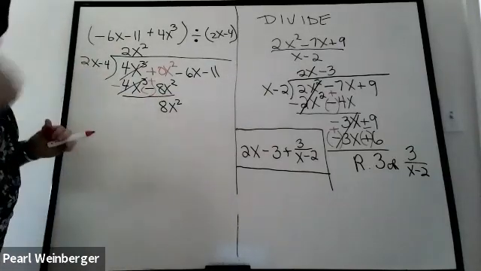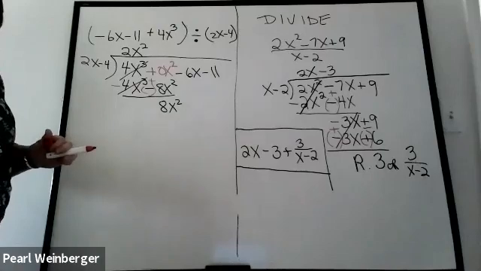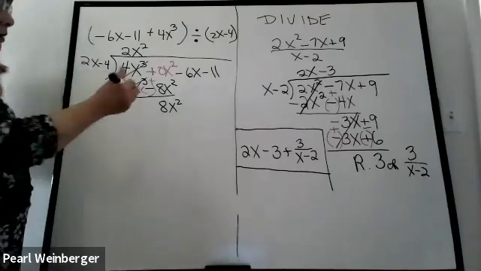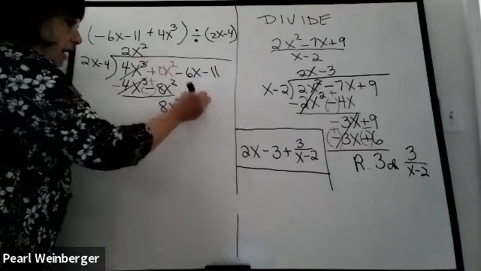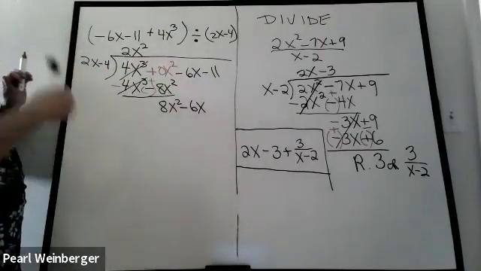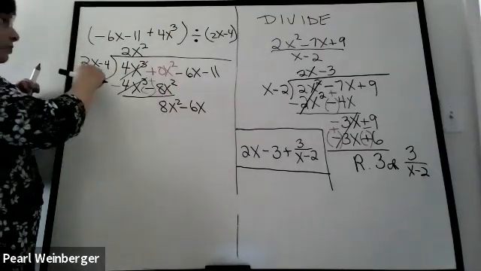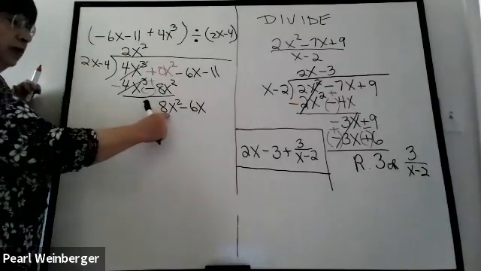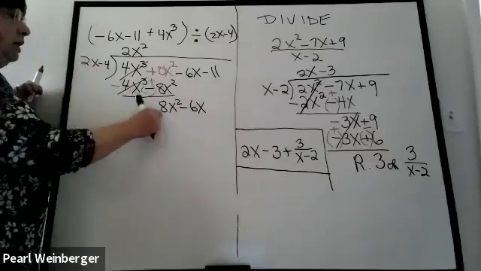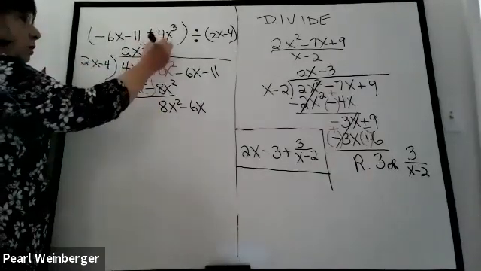And step number 4, bring down the next term. The next term is negative 6x. And start the process again. Divide the first term, the 2x, into the first term. Now the first term here is 8x squared. 2 into 8 is 4.